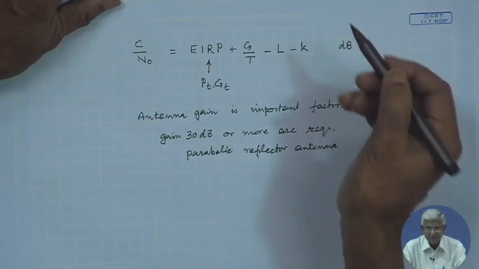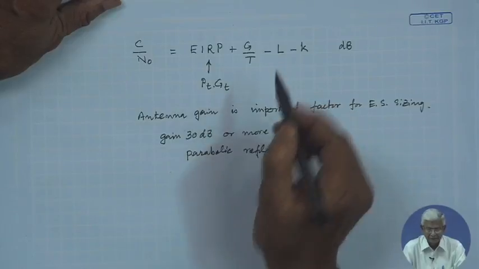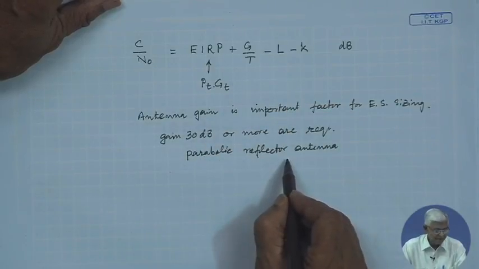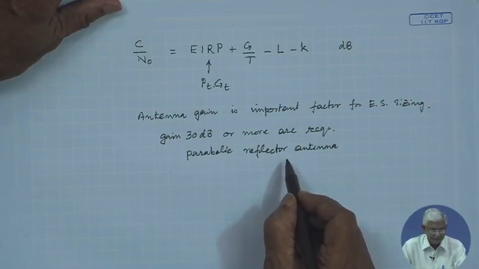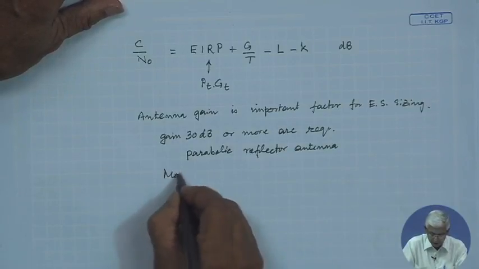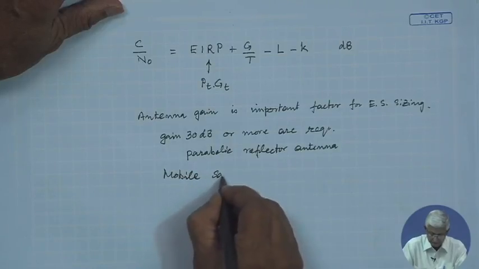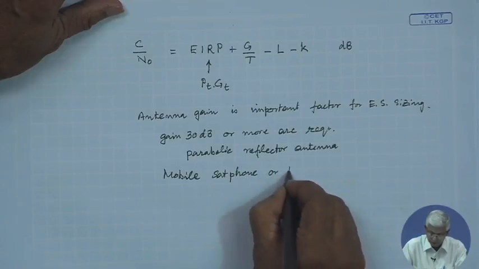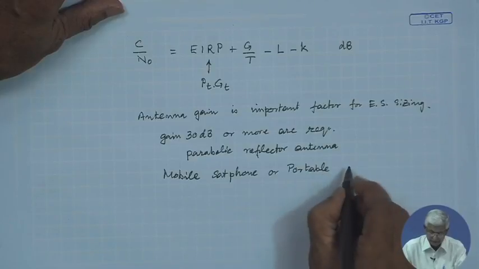So, wherever we are drawing the sketches, you might have seen we are drawing a small parabola. So, for satellite communication parabolic antenna is a very, very popular antenna, but that does not mean that smaller antennas cannot be used, like mobile satellite phones or portable phones, portable satellite terminals.